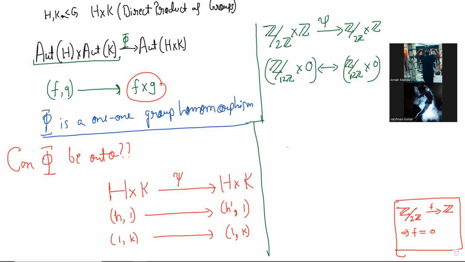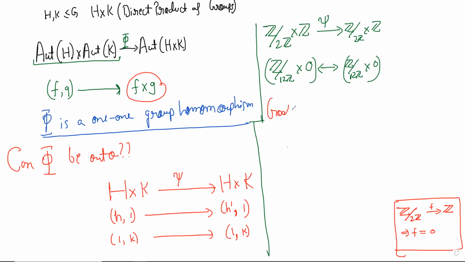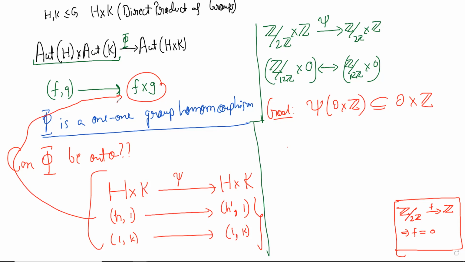Okay, let me see if I can find an easy way to explain. I should say that first. The goal is to show that psi of 0 cross Z is inside 0 cross Z, correct? If you can show this, you are done. Then it will become like this, and then it will be done. If you agree to this, that this implies that it is of this form, right?